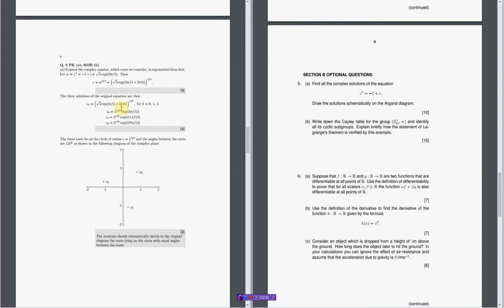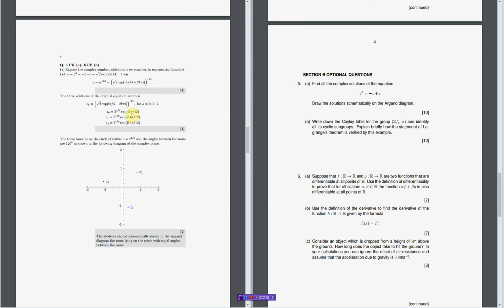So you're taking the third power of this. When k is 0, in all cases, the modulus of the solution z is going to be, we've got 2 to the power half here, and when you raise it to the power third, it'll then be 2 to the power sixth. So that's the modulus of the cube roots. And when k equals 0, we don't have this extra angle term here, so taking the third root, we'll just have e to the i 3 pi over 12.